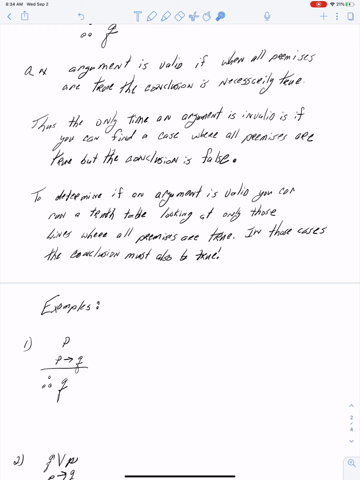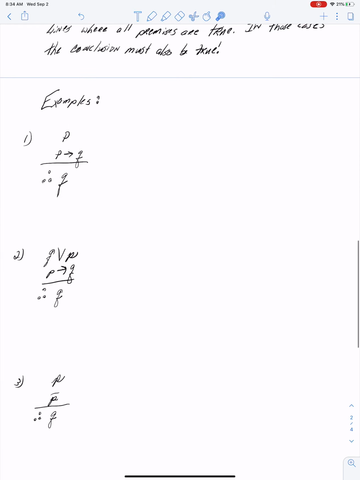All right, so let's look at at least one example. Here's an argument. P, P implies Q, therefore Q. So your premises are P, whatever premise that might be, and P implies Q, whatever premise that might be. And then the conclusion is Q again.